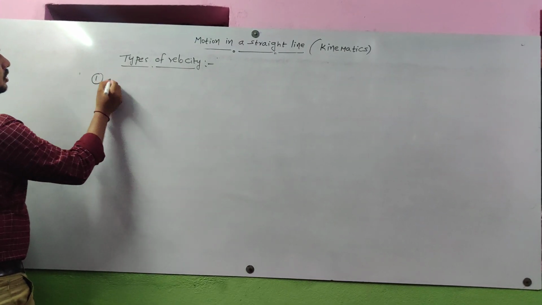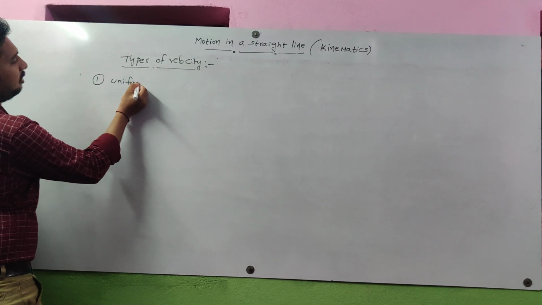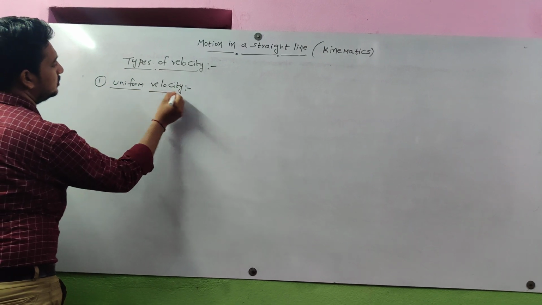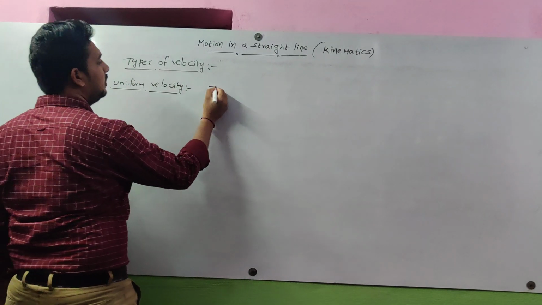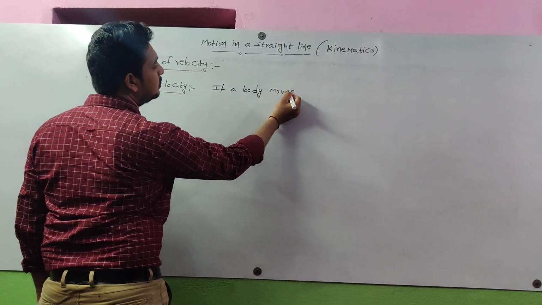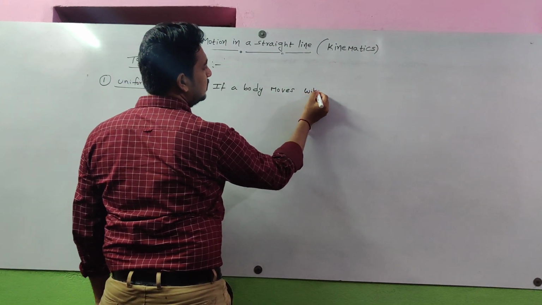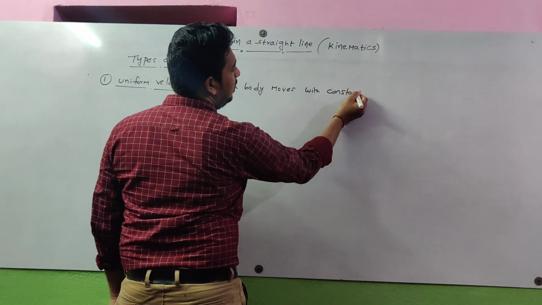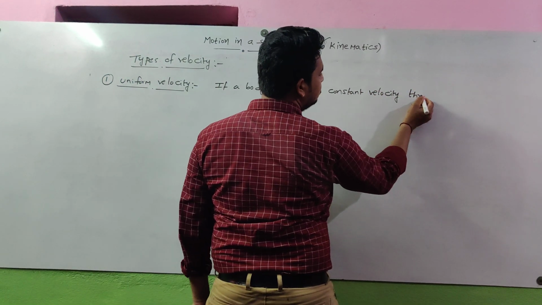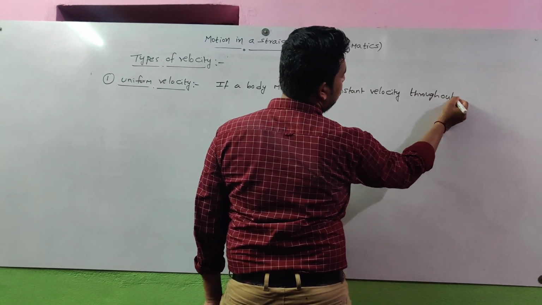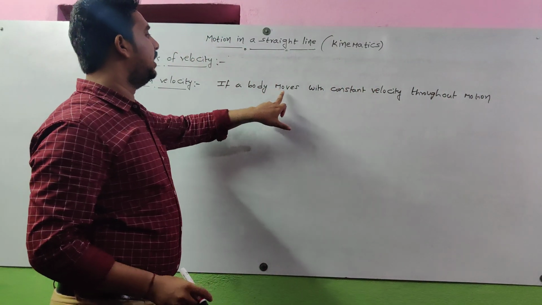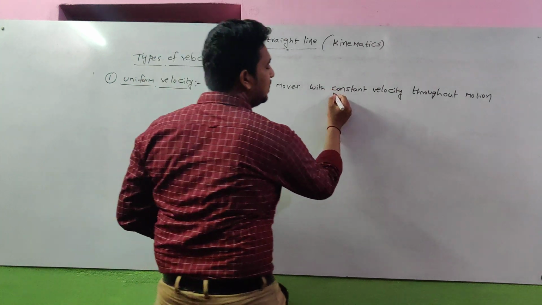First one is uniform velocity. If your body moves with constant velocity throughout its motion, this is very important to mark.